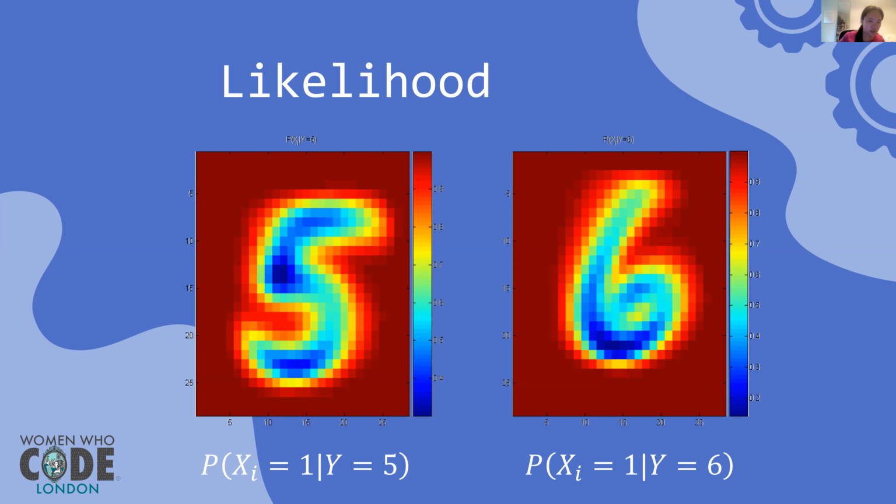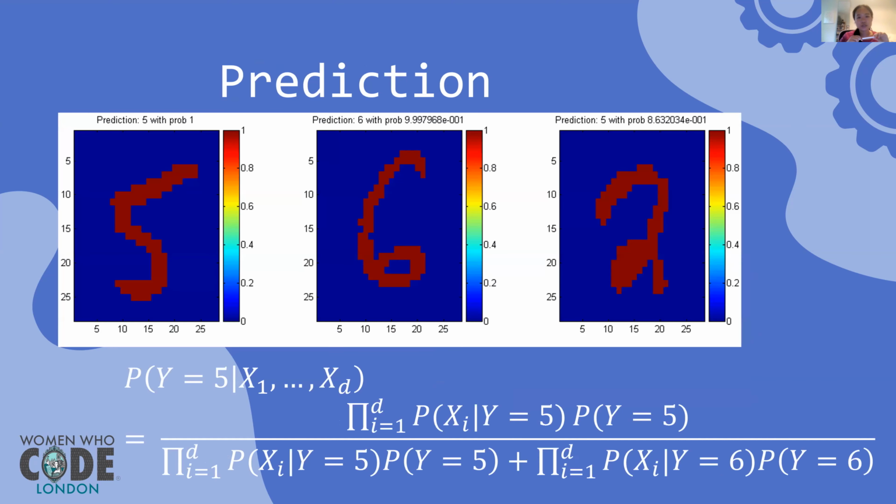So it's kind of reasonable that we have the probability for every pixel. So now what do we do? We're calculating it. I have a bunch of new images.